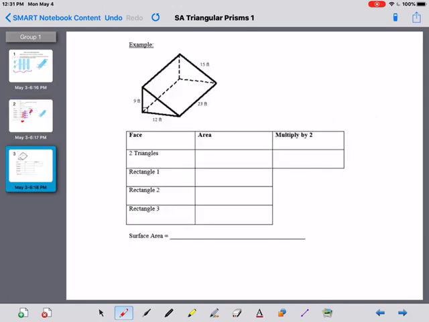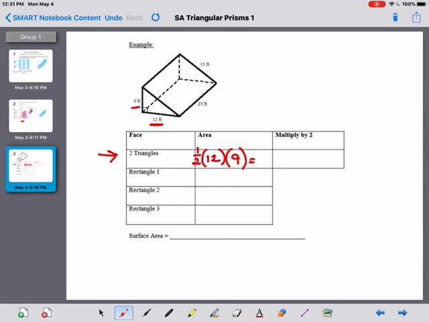In this problem, we have another triangular prism. It's sitting a little bit differently, but again, we have two triangles that are exactly the same size. They have the same measurements, so therefore the same area. Using our area formula, we have 1/2 base times height. For both of these triangles, we have a base of 12 and a height of 9.